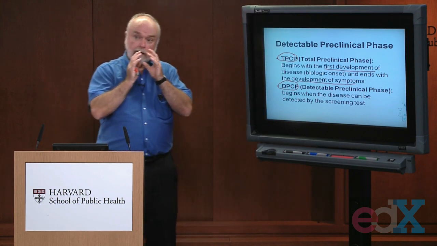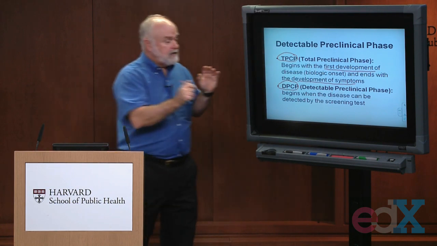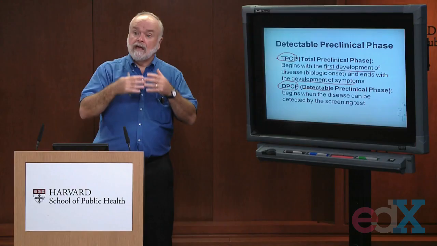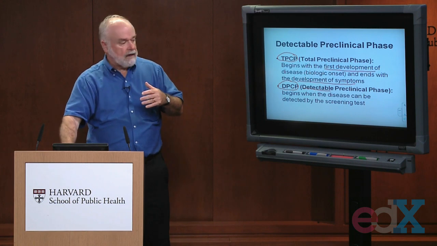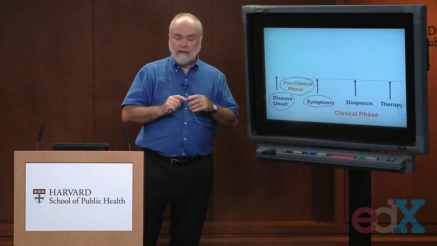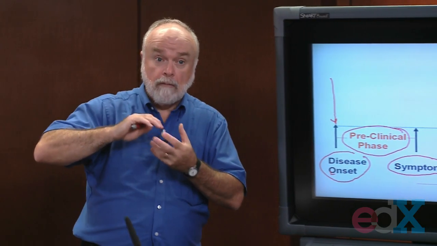Now we want to look at a portion of that total preclinical phase called the detectable preclinical phase. That's where the screening program, the screening test, can detect disease. So going back to that woman, if we screened a second after the development of the disease, chances are the mammogram would not be able to detect that particular tumor.